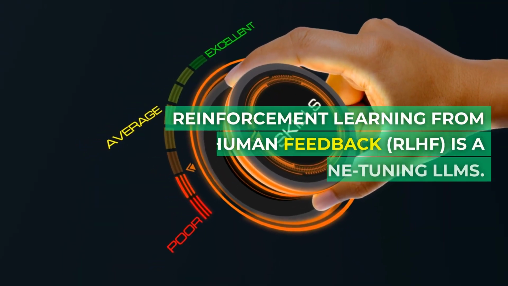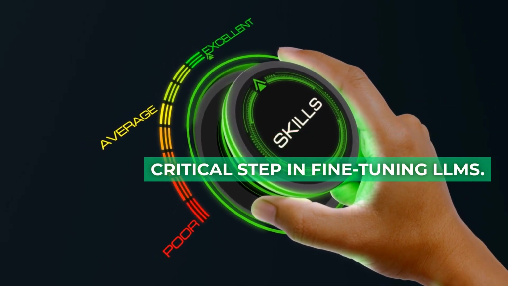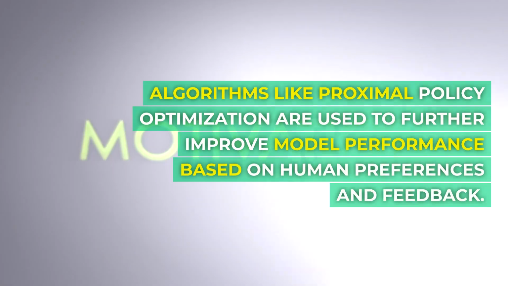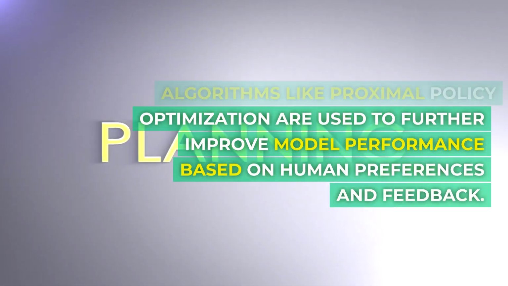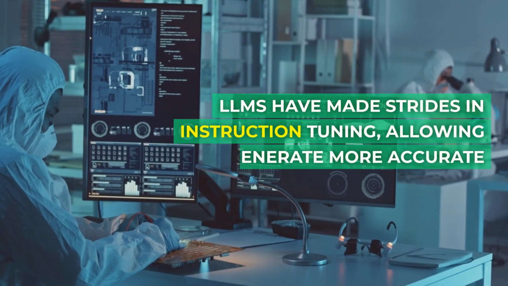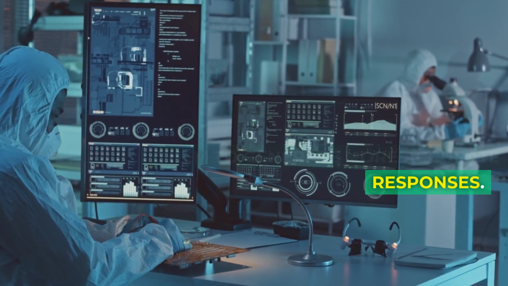Reinforcement learning from human feedback, RLHF, is a critical step in fine-tuning LLMs. Algorithms like proximal policy optimization are used to further improve model performance based on human preferences and feedback. LLMs have made strides in instruction tuning, allowing them to generate more accurate responses.